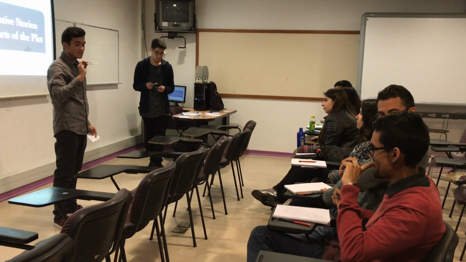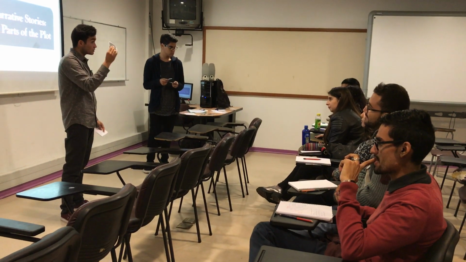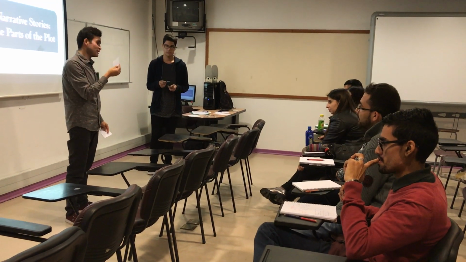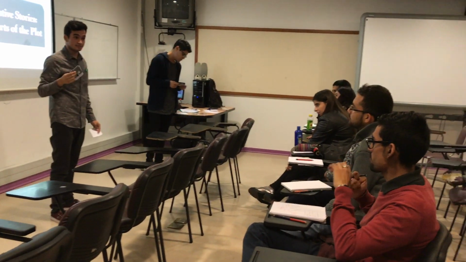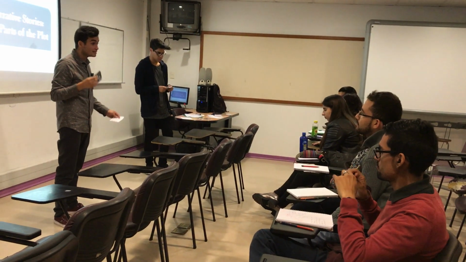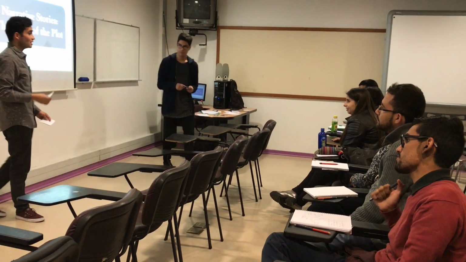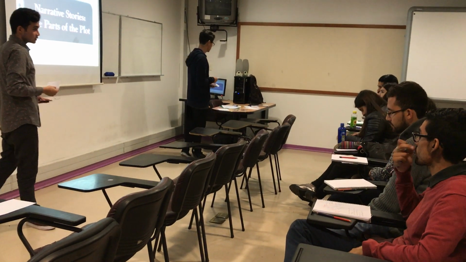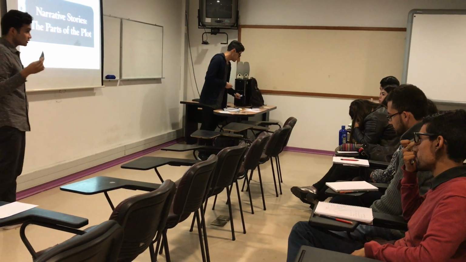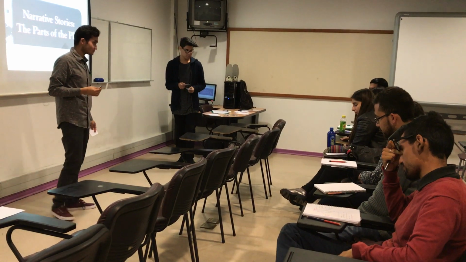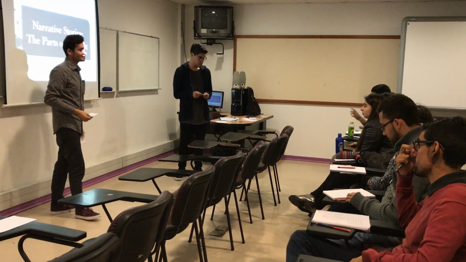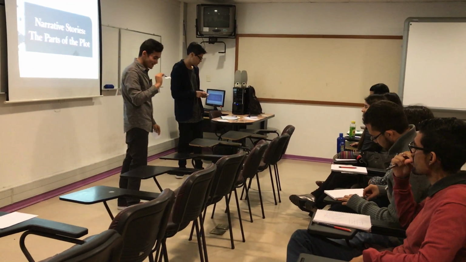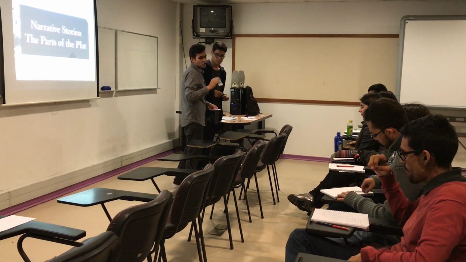And then you get the name of the part of the plot corresponding to each picture and part of the story. Is it clear? Yes. Ignacio, what do we have to do? We have to read those pieces of paper that contain the story, reorganize them because they're mixed, and also put the name of each part of the plot. Excellent.